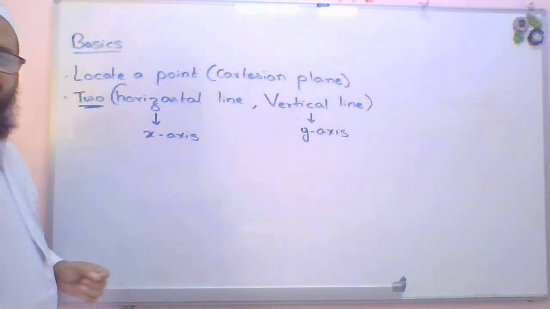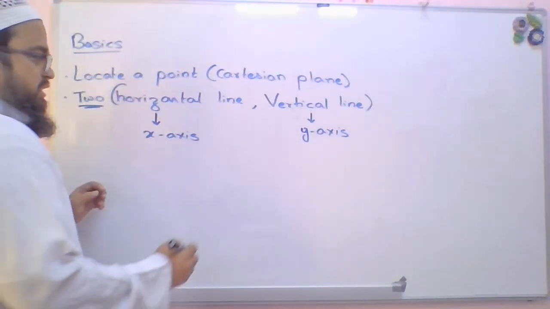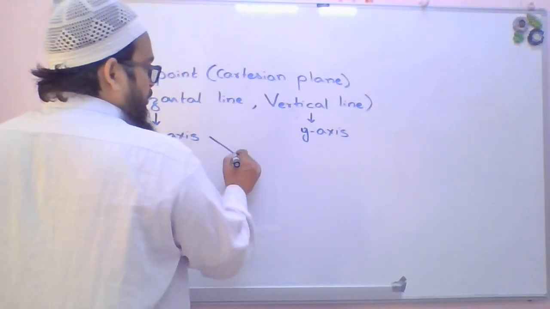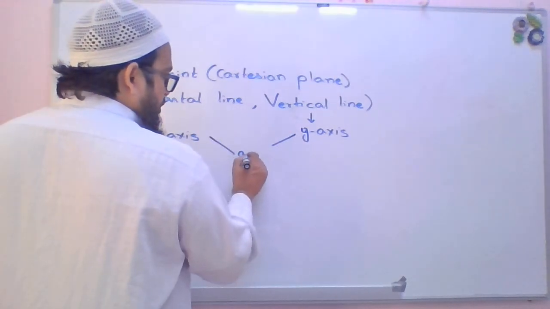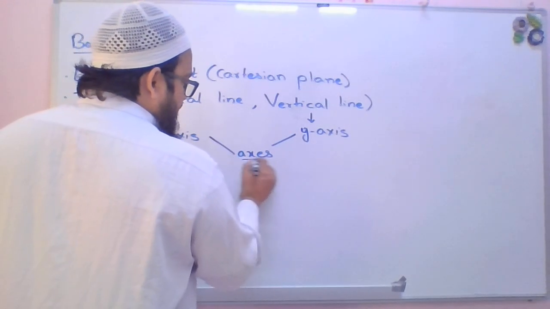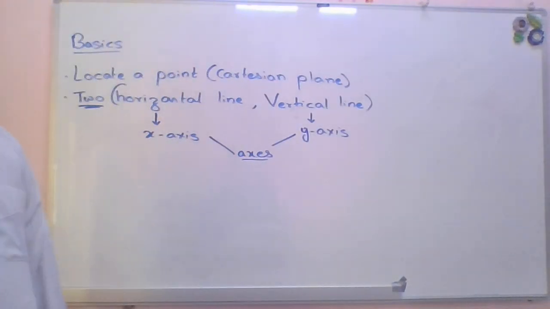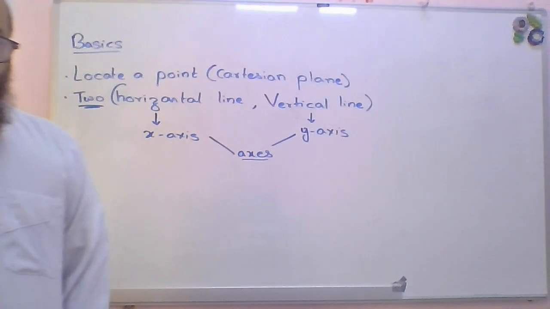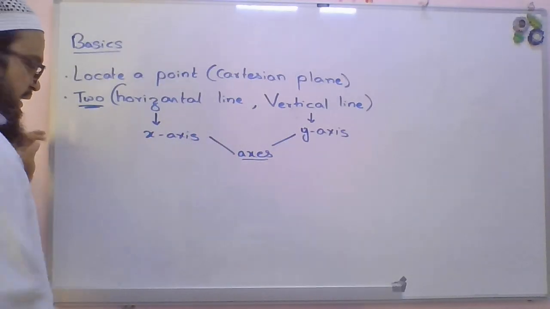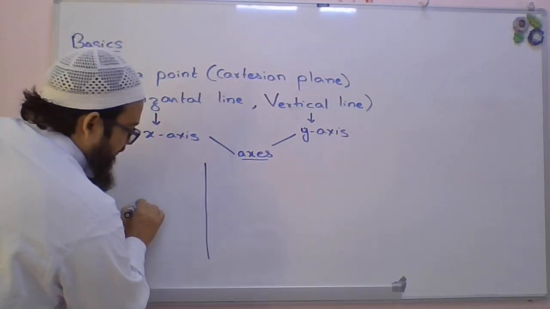Axis is the singular word, and when you talk about both the lines combined, we call it the plural, axes. Understood? For example, let me recall within 1 minute.